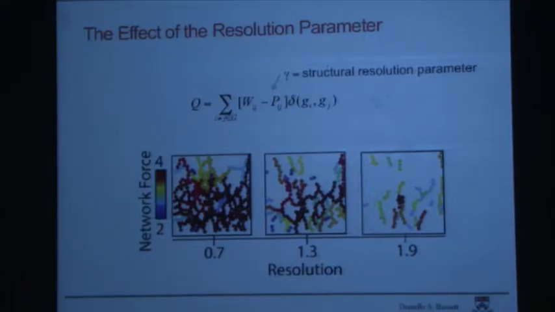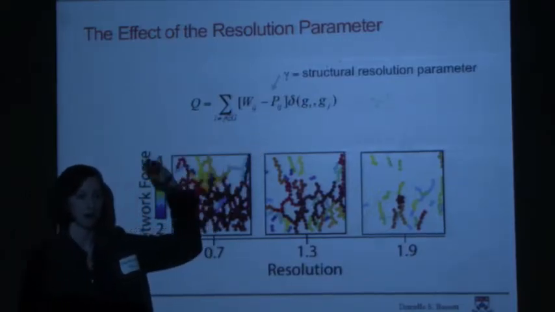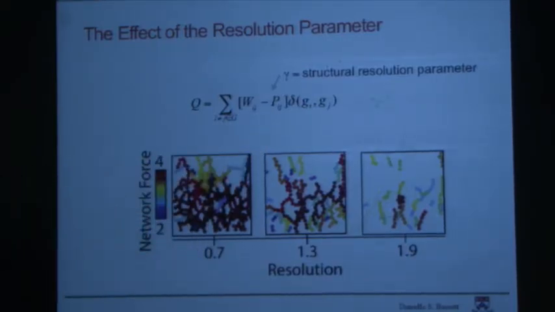Yes. Where n is the number of particles? That's right. But that can be tuned somewhat using this gamma parameter, right? Yeah. The color code is the force? The average force in that chain.